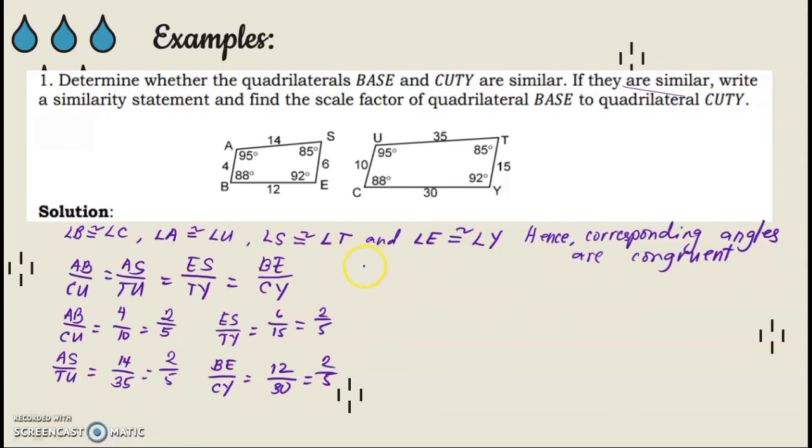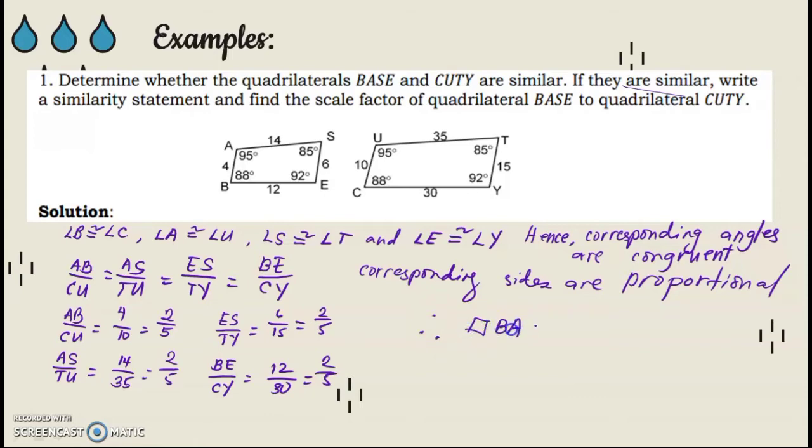So, corresponding sides are proportional. So, meaning, itong si quadrilateral BASE is similar to quadrilateral CUTY. So, ganun lang siya, class.